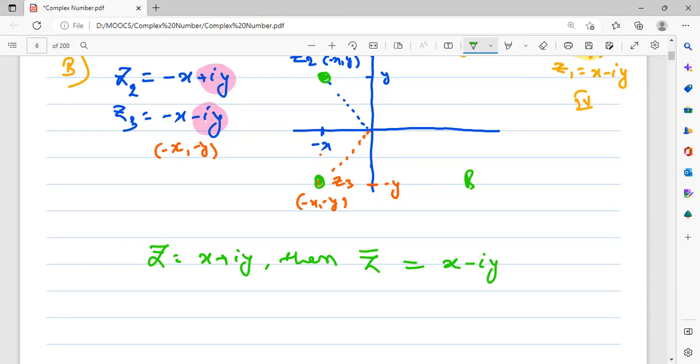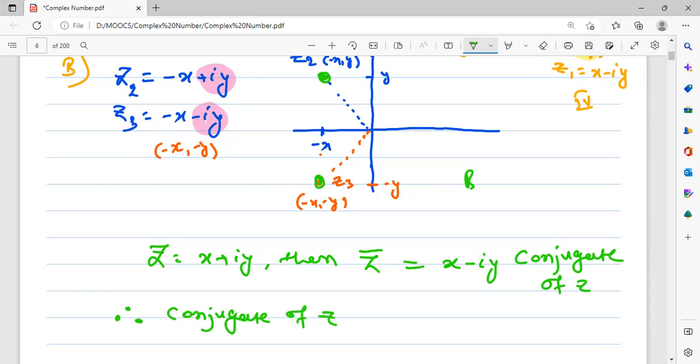I will denote this with a bar, and the bar notation means the conjugate of the complex number. Therefore, I will write the notation: the conjugate of z.